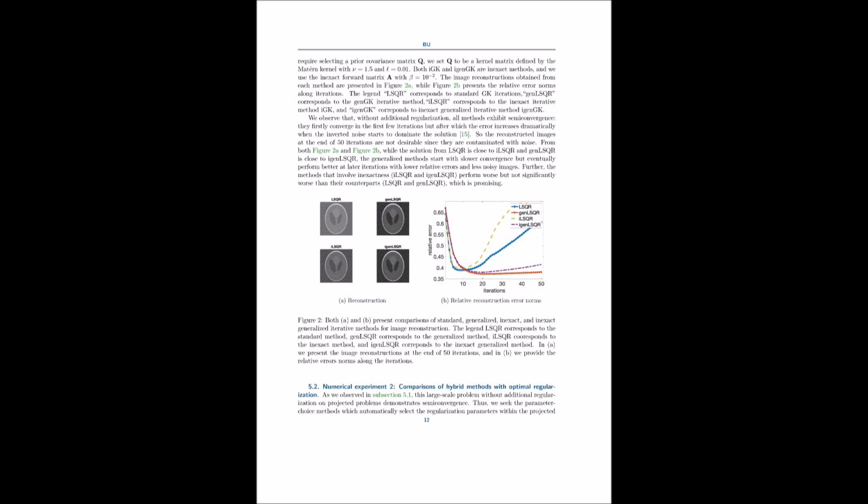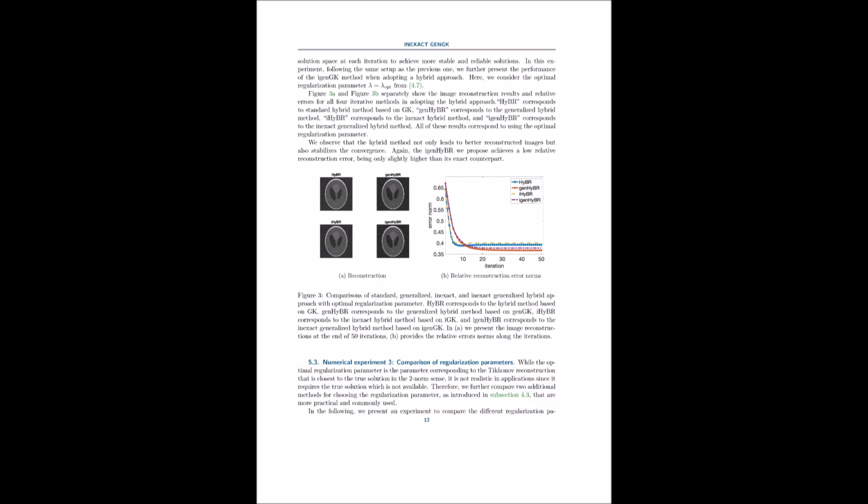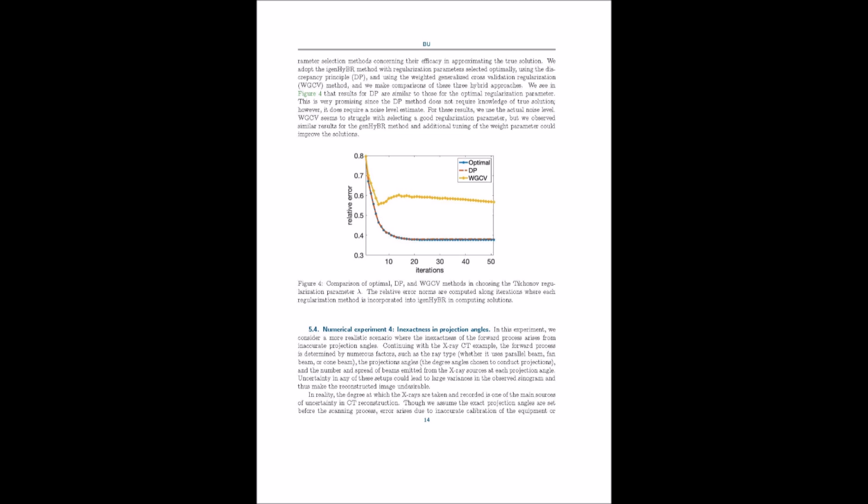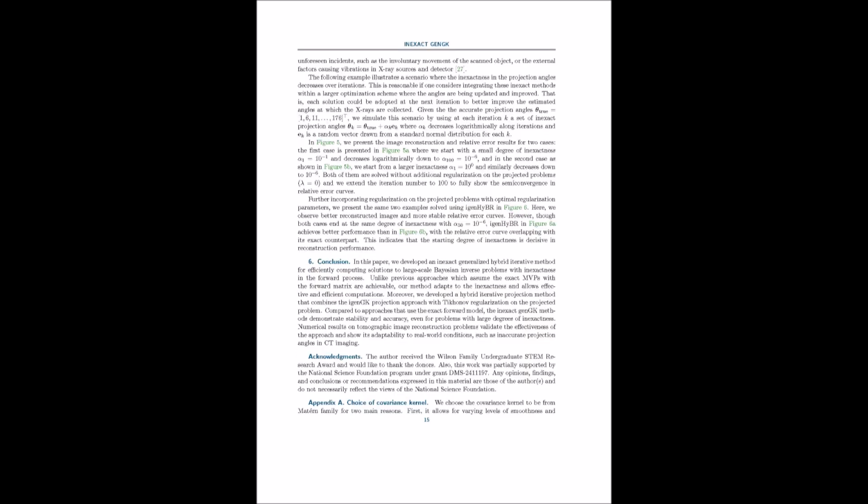It reached a low reconstruction error, just a bit higher than its exact counterpart, genHBR. So it's living up to that promise of robustness. It is, but remember, this was with the optimal regularization parameter, which of course isn't realistic for most real-world scenarios. So the next big question is, how do you choose the regularization parameter when you don't know the true solution beforehand?